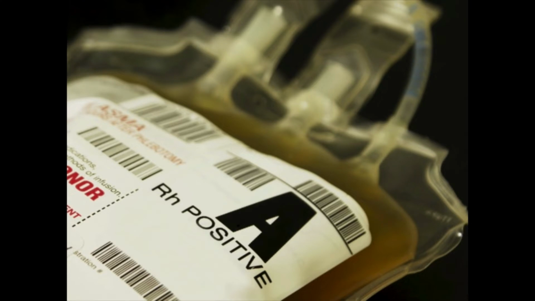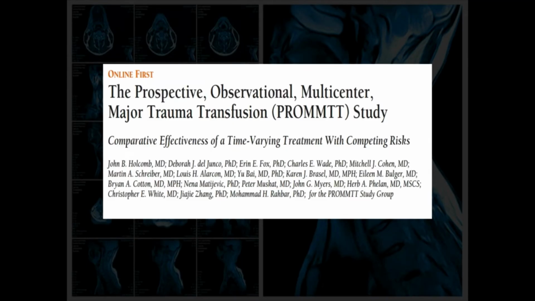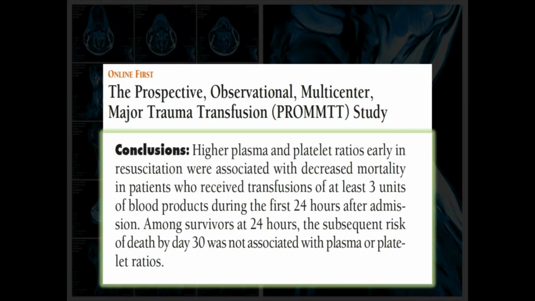And then we saw a trial done specifically called the PROMET trial on FFP. And this was a prospective observational multi-center trial that focused on the effectiveness of treatment with plasma. And really, the conclusion was higher plasma and platelet ratios early in resuscitation were associated with decreased mortality in patients who received transfusions of at least 3 units of blood products during the first 24 hours after admission.